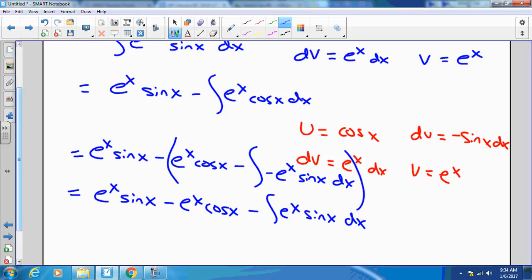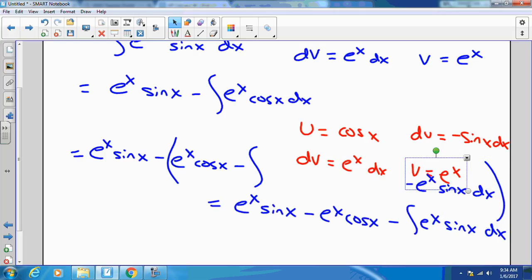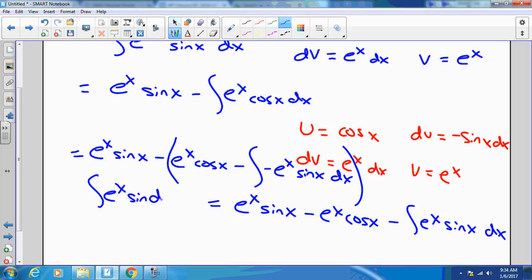At first, it looks like I have boxed myself into a never-ending circle. The function is repeating, and I could go on for a really long time, except for one lovely fact. You're solving for the integral. Yeah, that's right. The other side of this equal sign is, as Tito said, the integral of e to the x sine x dx.